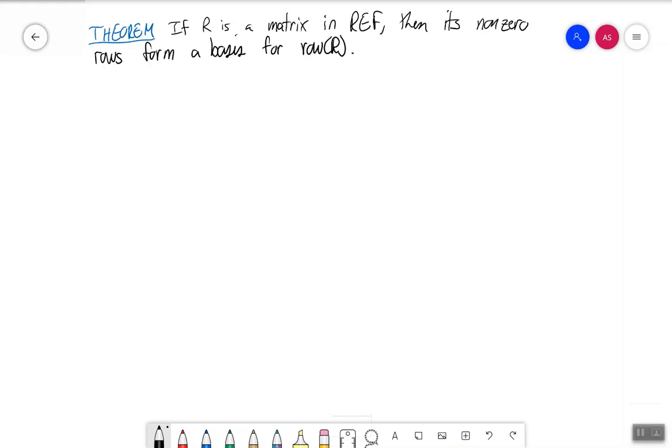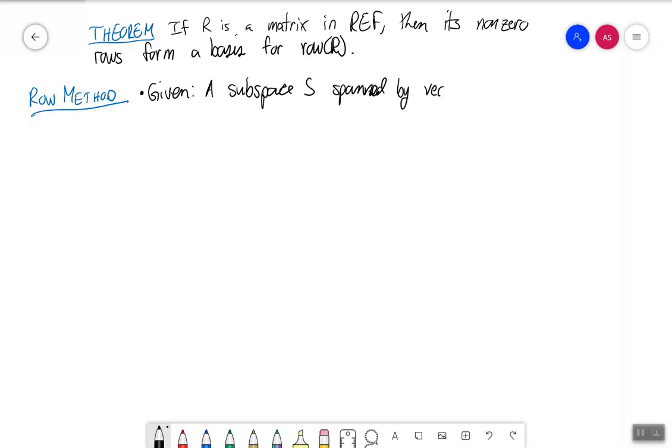Finally, we get to the actual row method. And really, this is exactly what we did in the example. So we're given a subspace S spanned by vectors v1 through vk.